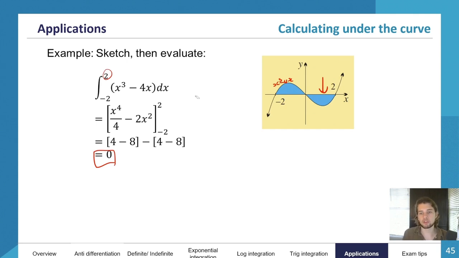So instead what you can do is get this area and add it to the opposite of the negative value of this area. So the minus 1 multiplied by that area. So let's actually manually do that. We first want to get minus 2 to 0 of x to the power of 3 minus 4x. So that's just this one in here.